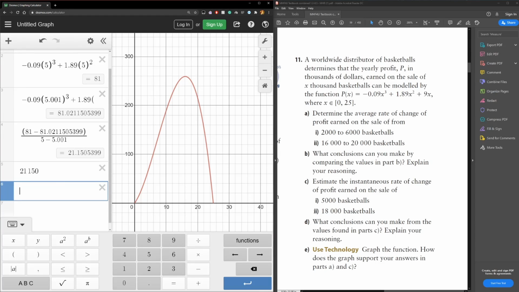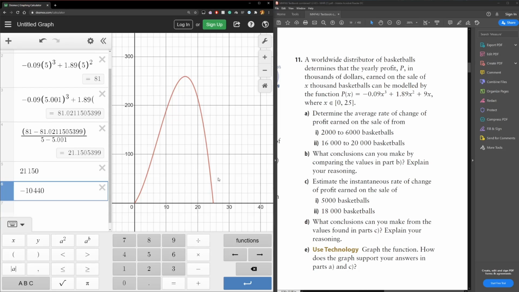And then the same thing we're going to do for 18. I think you get it by now. For 18, the answer would actually be negative 10,440. So again, it's more beneficial to make around 5,000 basketballs, because if you make 18,000, you're just going to lose your money. So yeah, that's all I'm going to say here.